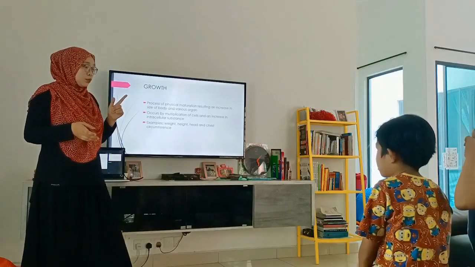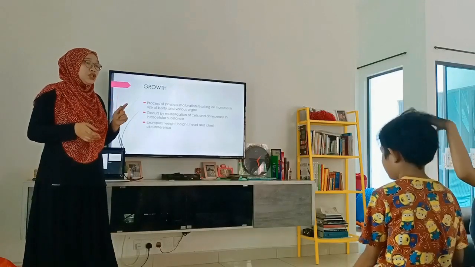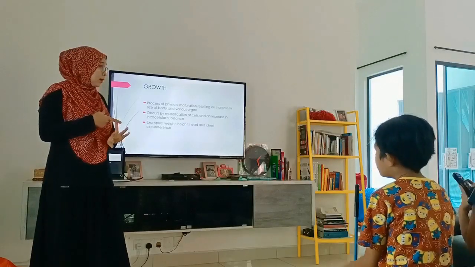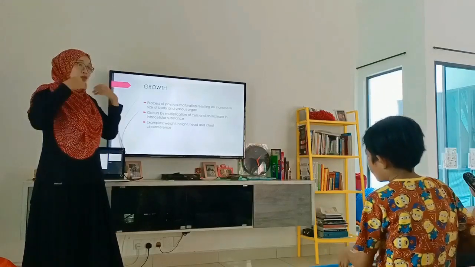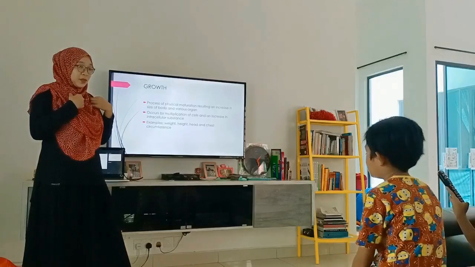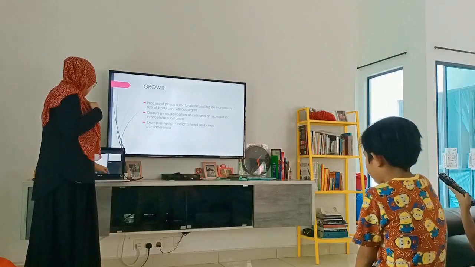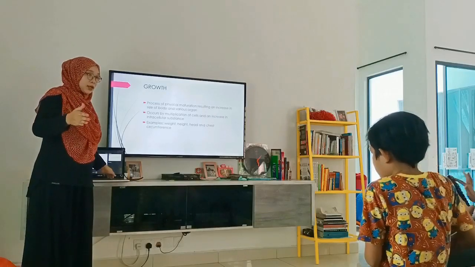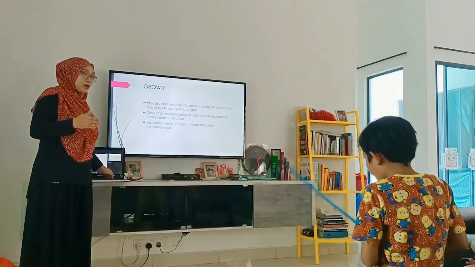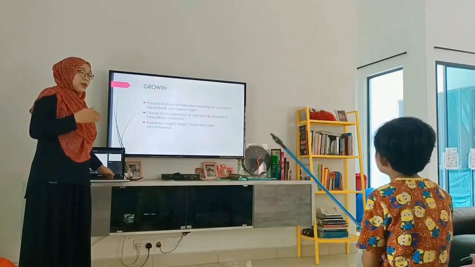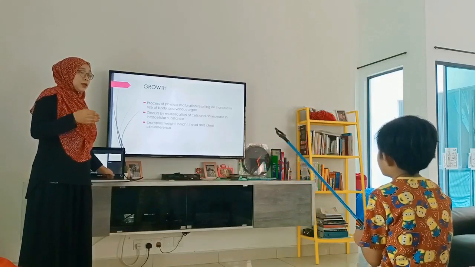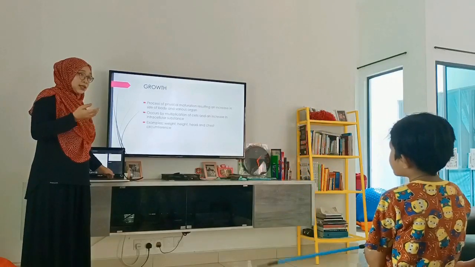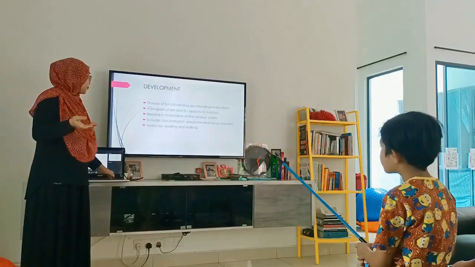You can measure growth by weight, by height or length, and by head or chest circumference for a baby. When there is an increase in size, that means they are growing. If the measurement is normal, it indicates that the baby is growing normally.